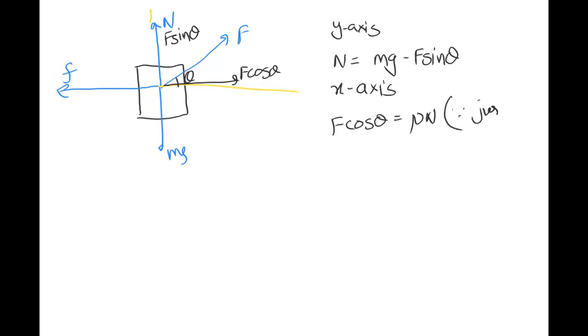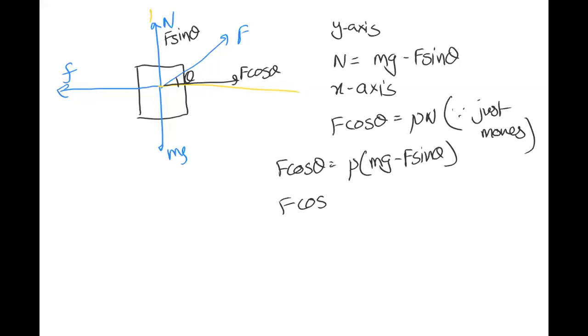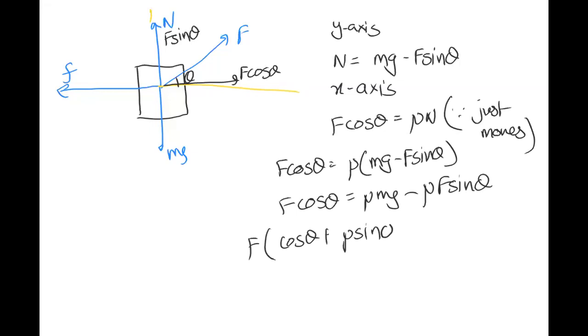Since just moves question में दिया है, so F cos theta is equal to mu into mg minus F sin theta. F cos theta is equal to mu mg minus mu F sin theta. So F into cos theta plus mu sin theta is equal to mu mg.